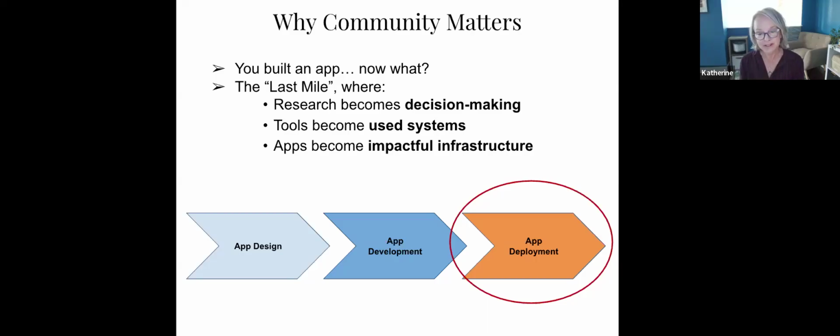But the deployment, that kind of pulls together all of the parts where you release it into the wild, you give it to the users, and hopefully it is where whatever research or whatever data you're sharing becomes a part of their decision making. This tool is also part of a used system, and hopefully your app becomes impactful and part of the infrastructure for their decision making.